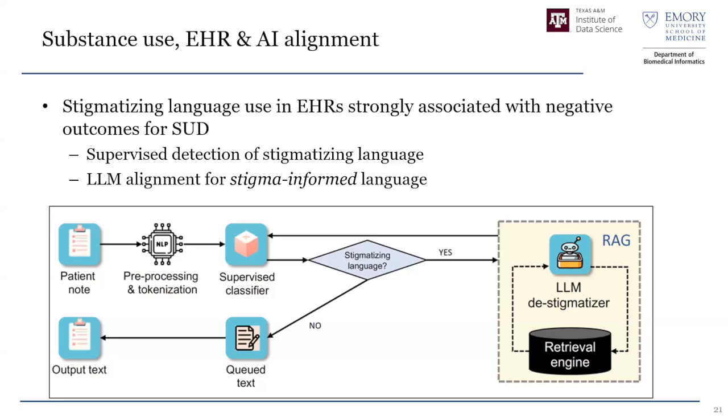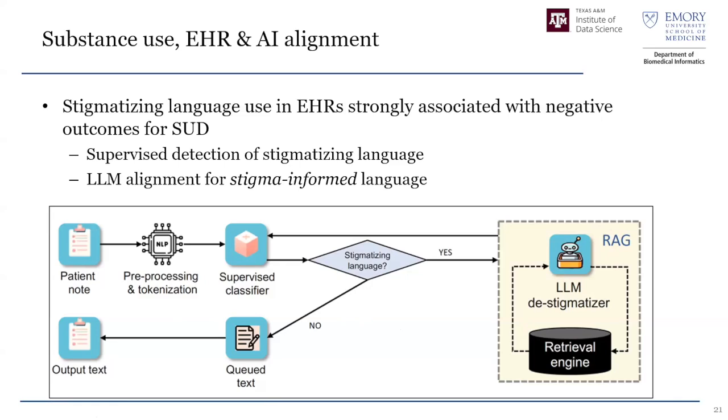Essentially, the supervised classifier detects if there is stigmatizing language or not, passes it to the large language model, which tries to destigmatize it using specific substitutions, and then it goes back to the supervised classifier to see if it is still stigmatizing or not. So it's like a feedback mechanism.